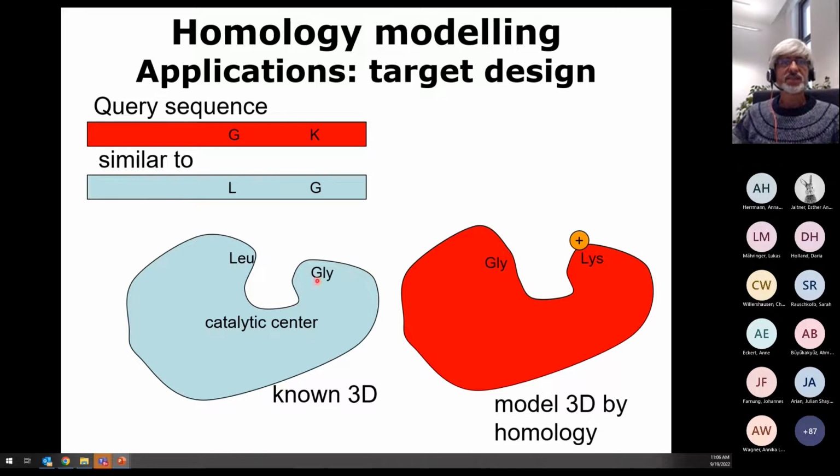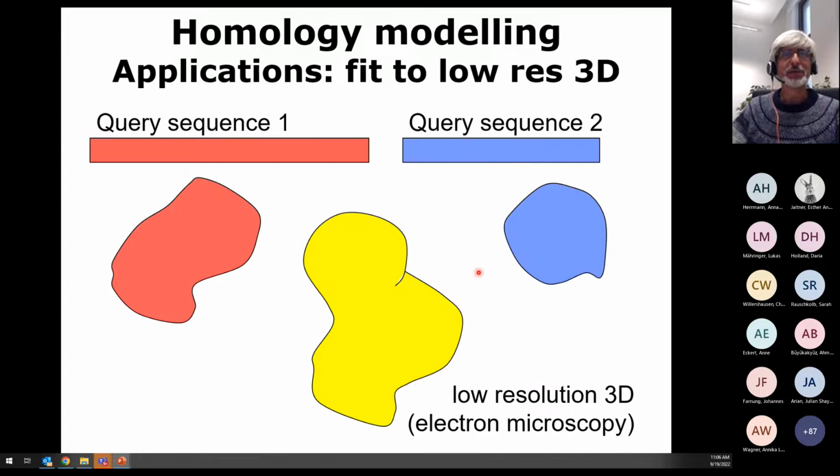And so you can see, these residues that are different, they modify the specificity of the catalytic center, and then maybe you will be able to design a drug that will complement these residues better than these ones. So this is a bit the idea very quickly.